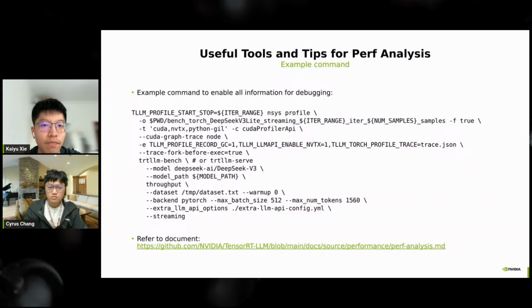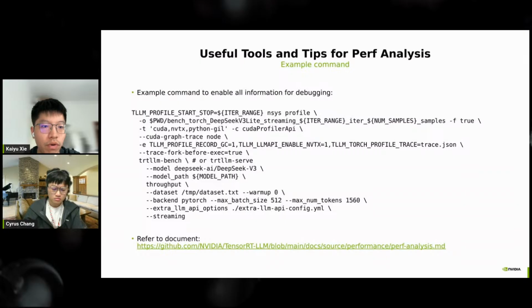It basically uses several different flags. It uses the CUDA profiler API, and it enables some of the environment variables provided by TensorRT to get more information and have a better way of debugging and finding out how TensorRT is implemented and how it functionally works.